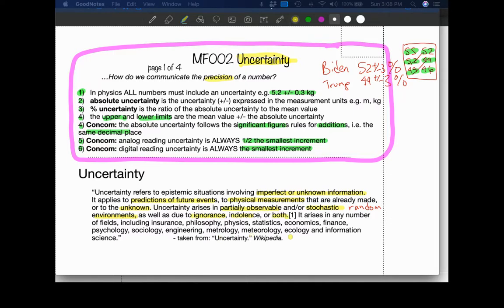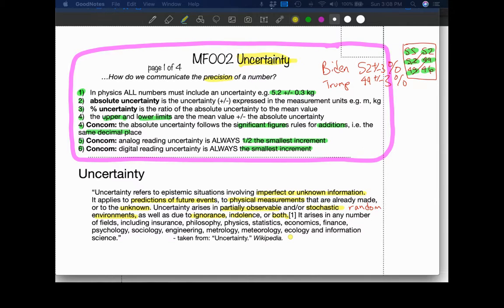Now, ignorance does not mean stupidity. Ignorance just simply means not knowing. Indolence means laziness or lack of effort. Or it could be both. We just could be ignorant of all the processes involved and we didn't put in enough effort.